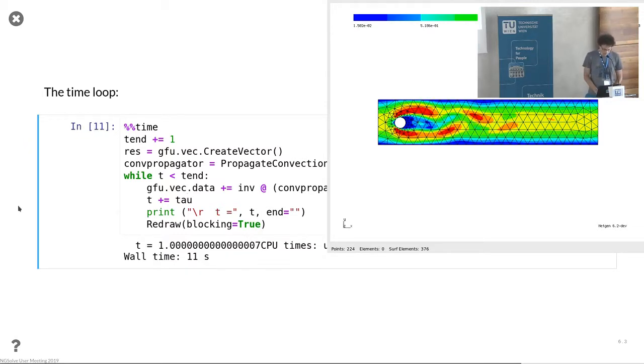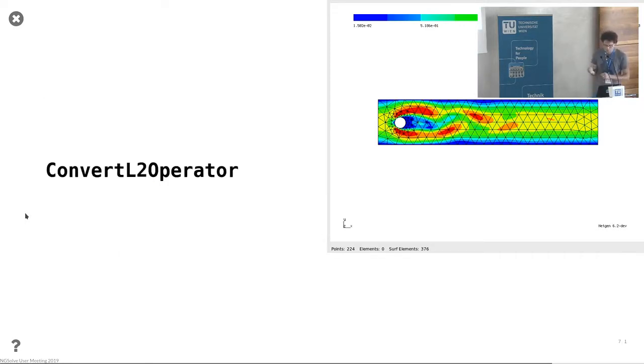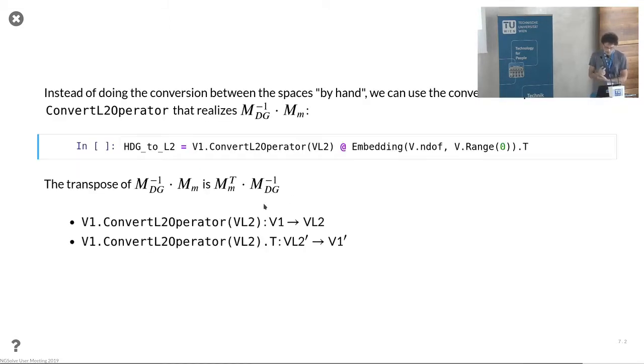Okay, so the idea of this tutorial was essentially to discuss the operators between the different spaces. And instead of doing this with the mixed bilinear forms, you can also do this with the ConvertL2 operator that Joachim also mentioned before. So this is what you have here. You can directly write down this operator going from the HDG space, or the Stokes discretization space, to L2 by first applying the embedding. So just take the H-div part of the whole vector and then convert the H-div function into an L2 function.